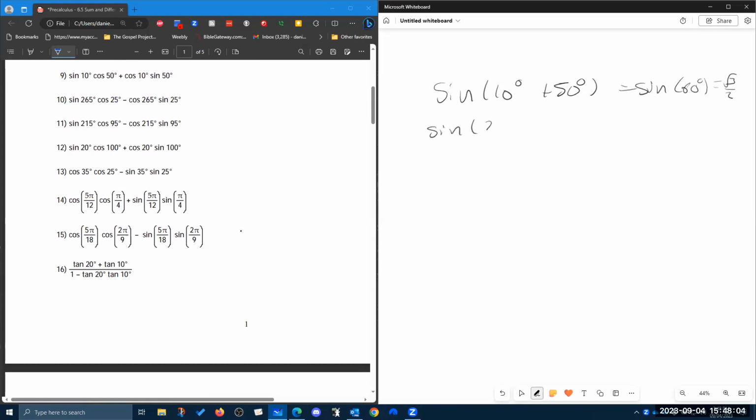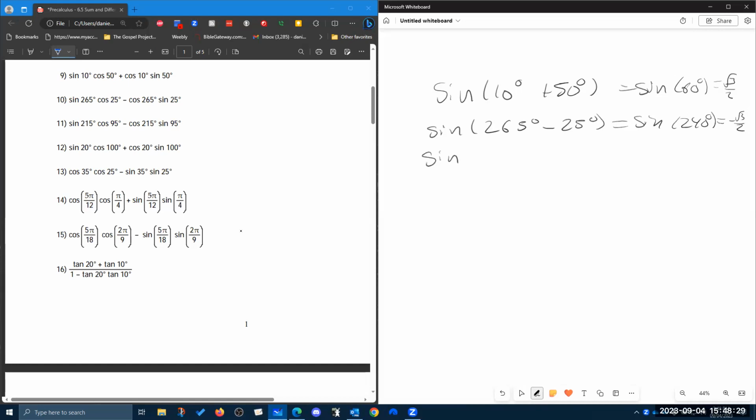Sine 265 minus 25 degrees is sine 240, which is the 60-degree reference angle, and that is in the third quadrant. So there we go.